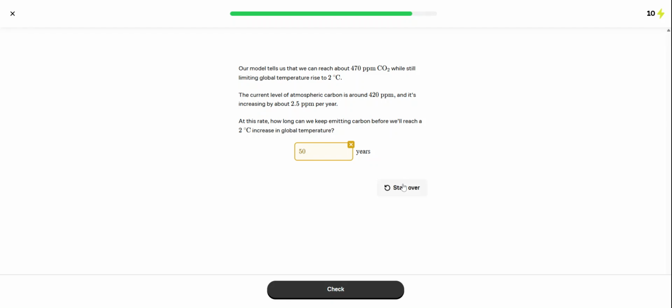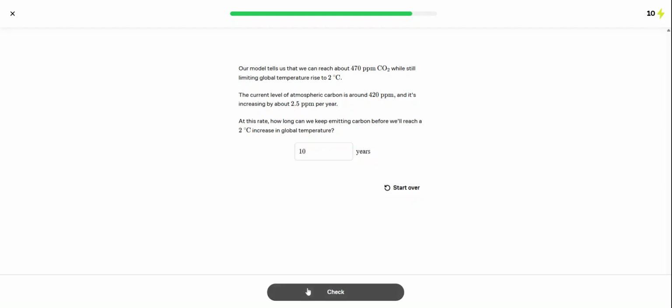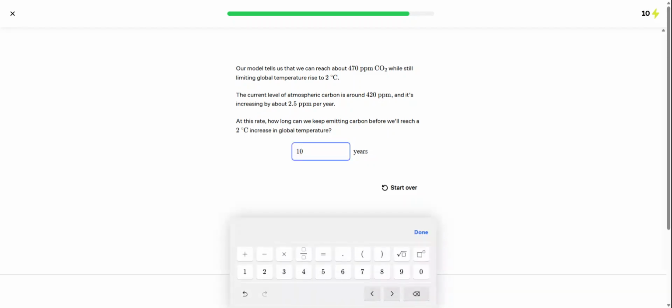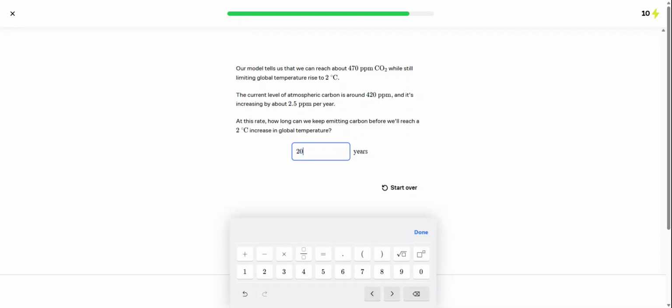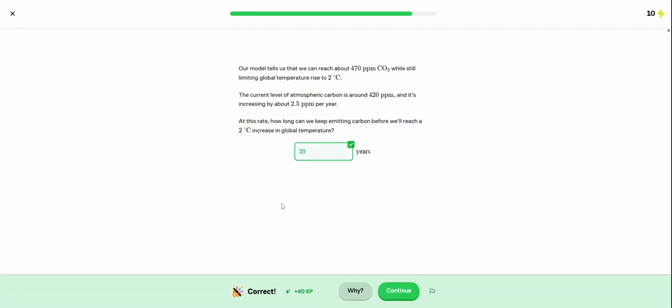So too large a value isn't correct. Let's say 10 years, isn't it? Let's say around 15, another estimate. It should be 20. Yup, 20 years is the best approximation answer.